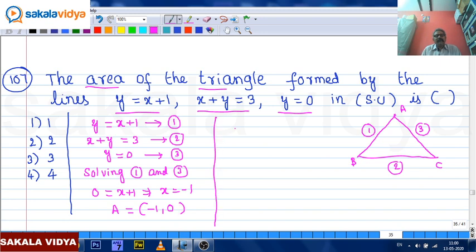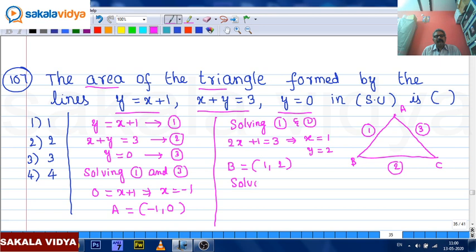Now, solving 1 and 2, put y is equal to x plus 1 here, 2x plus 1 is equal to 3, x equals 1. x equals 1 means y equals 2, that means B coordinates are 1 comma 2.